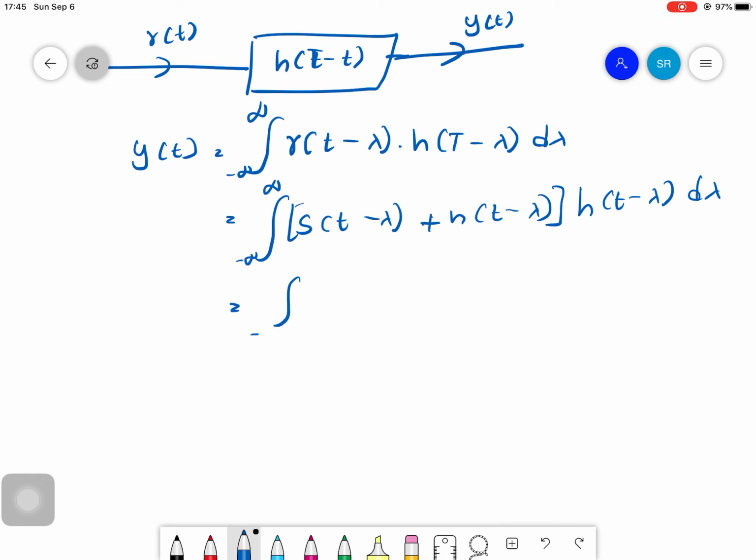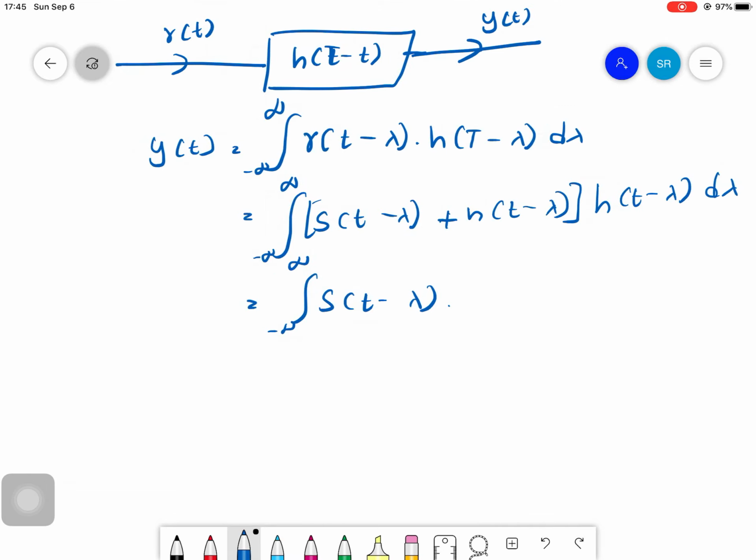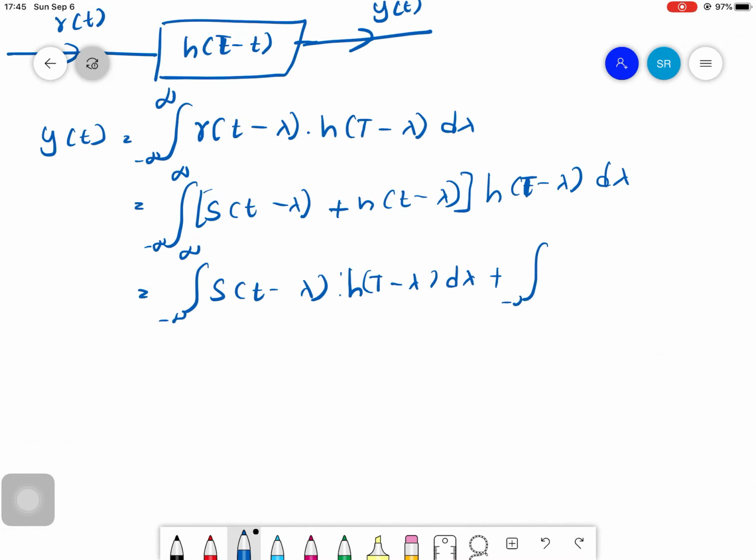We can write this as the integral of s(lambda) times h(t minus lambda) d lambda plus the integral from minus infinity to plus infinity where my noise part comes into play, n(lambda) times h(t minus lambda).